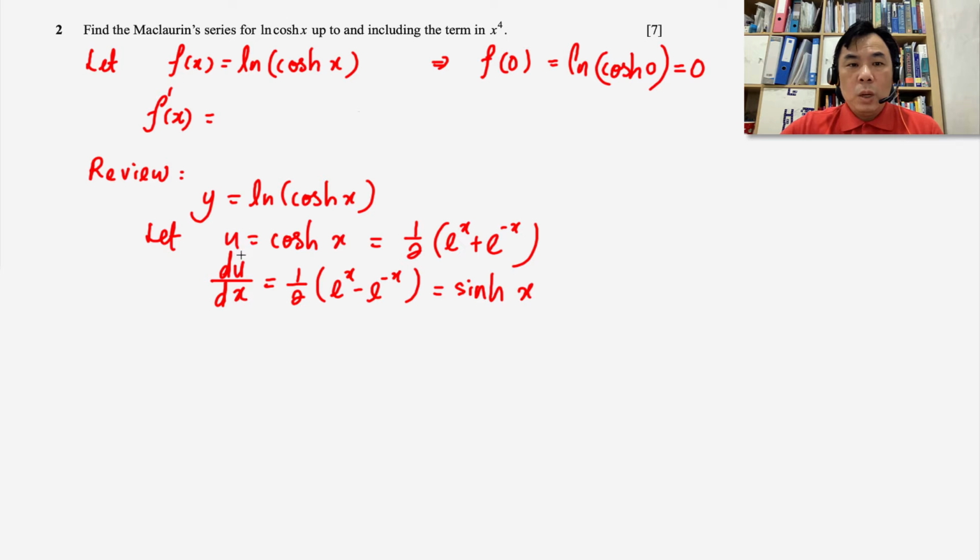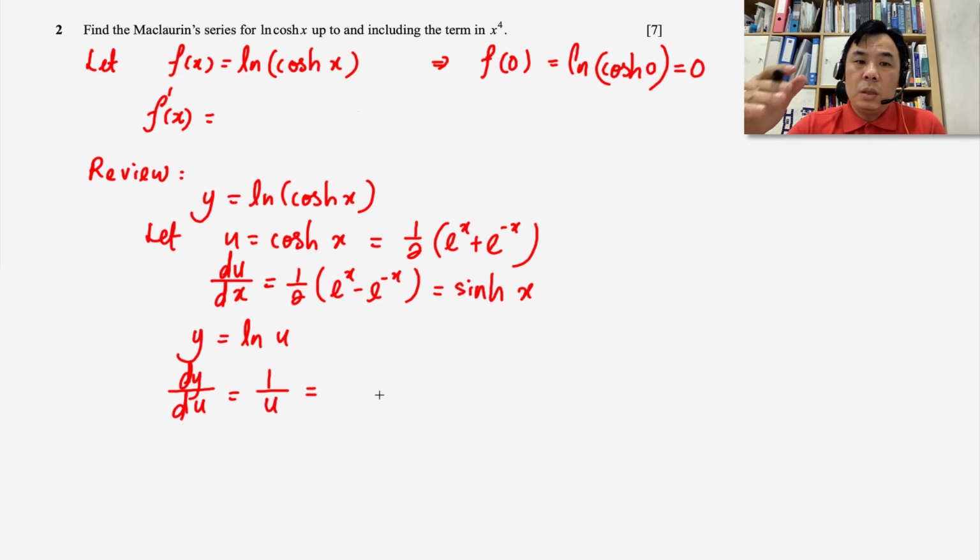And then once we have done this, we know that y can be written as ln u now. By differentiating y with respect to u, we have 1 over u. But even though this is in terms of u, don't forget that you need to substitute its original representation of u. There you go.